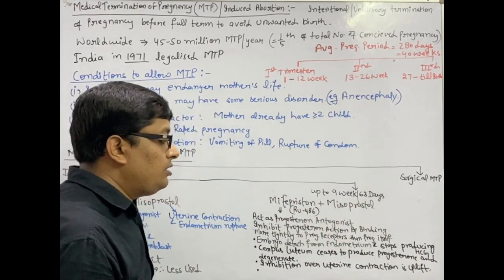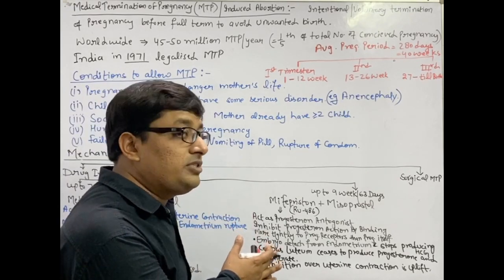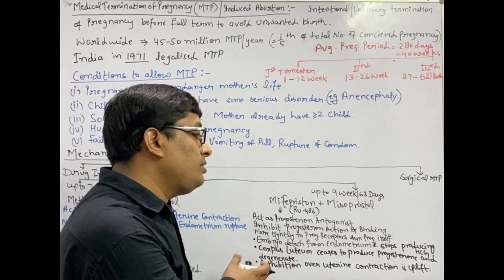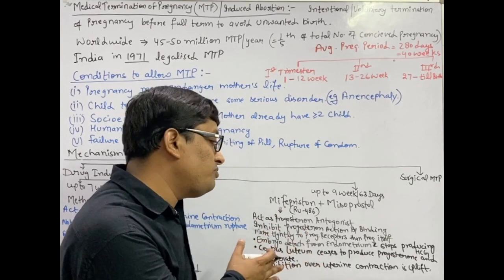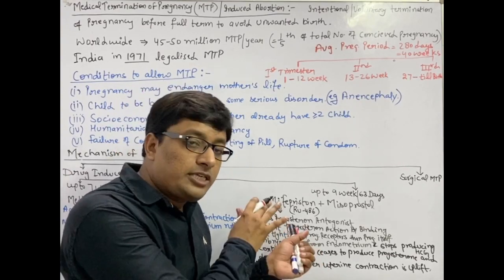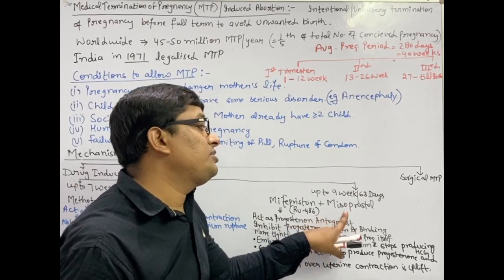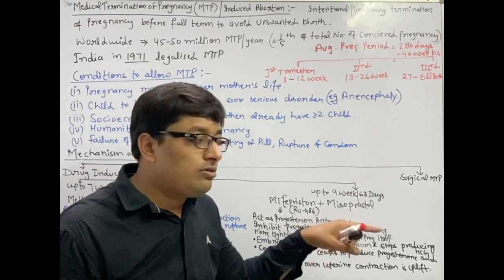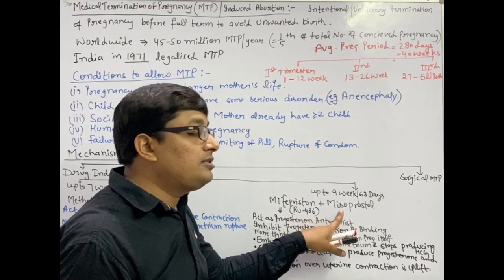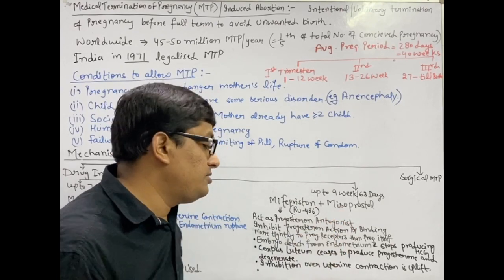Now the embryo which is detached from the endometrium, the embryo and the parts of the endometrium are expelled out from the uterus due to the uterine contraction created by this misoprostol, and it causes the termination of the pregnancy.